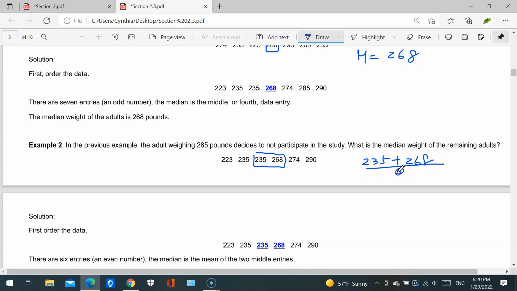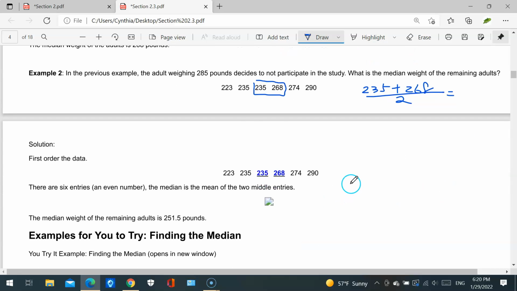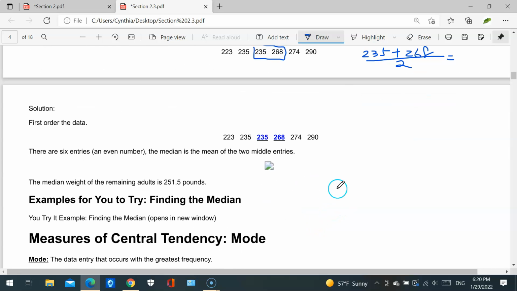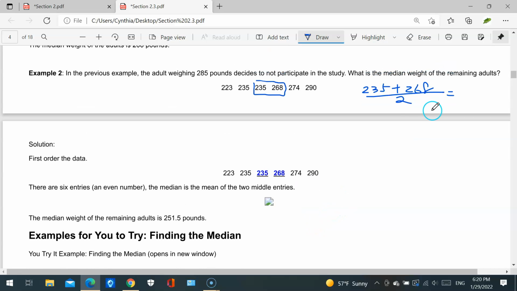That will turn into your median. So just add these 2: we have 235 plus 274 divided by 2. The median of this example is 254.5.